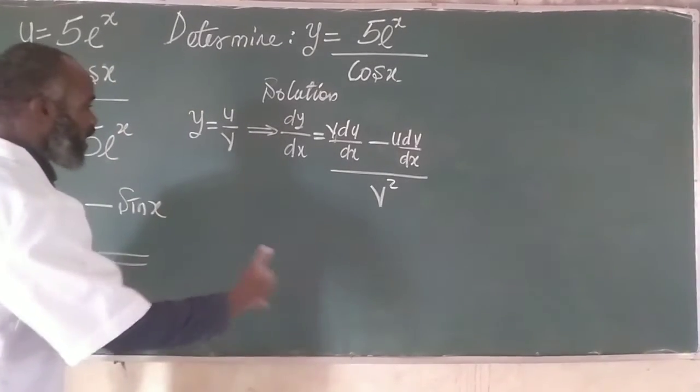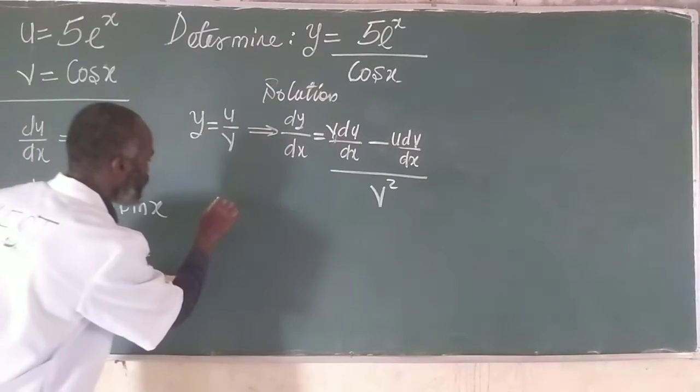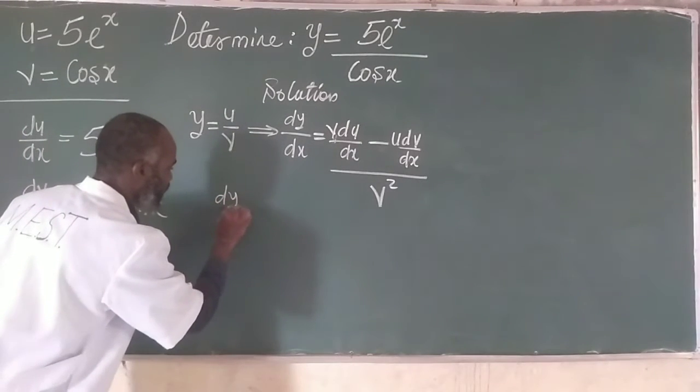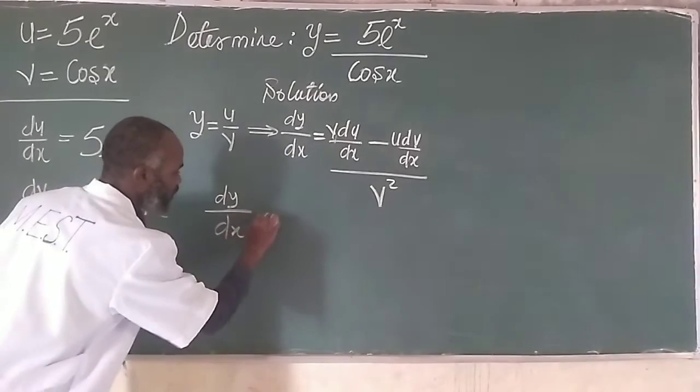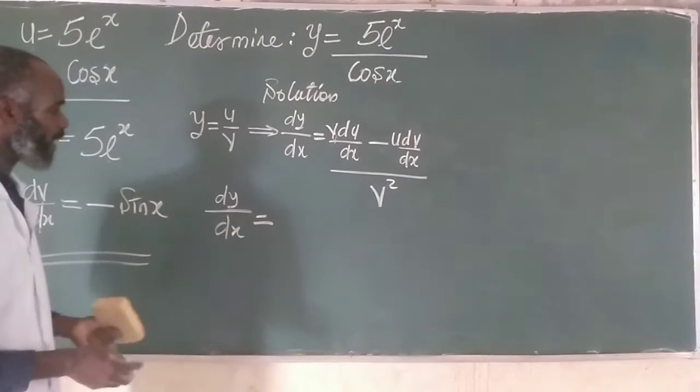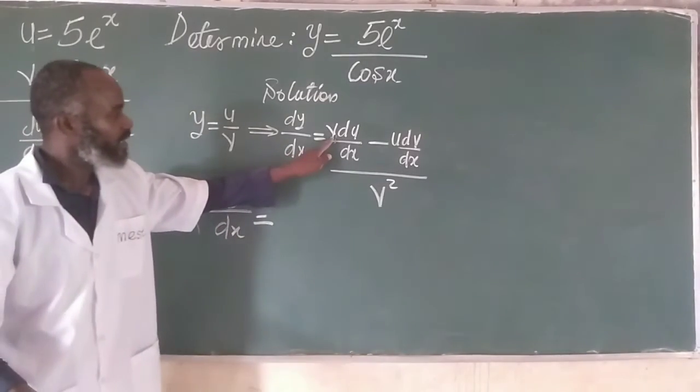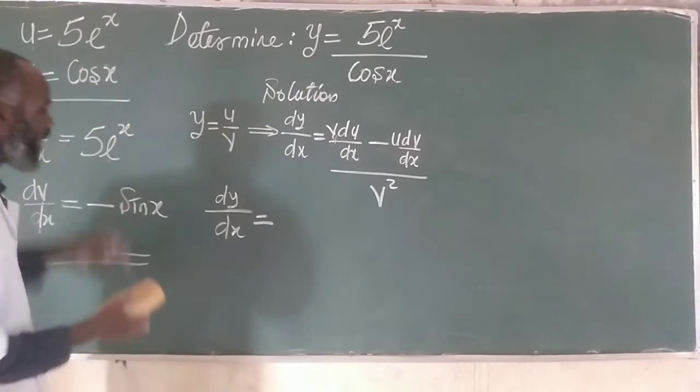The next thing, we begin to substitute. We are going to substitute here because we have enough space. In dy/dx, we keep v, which is cos x.